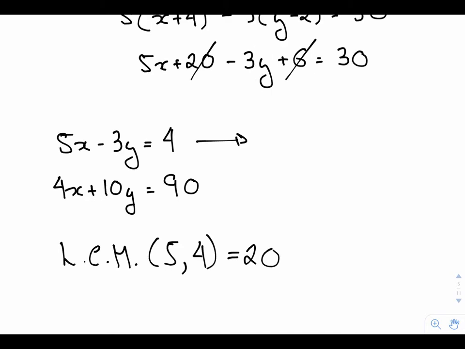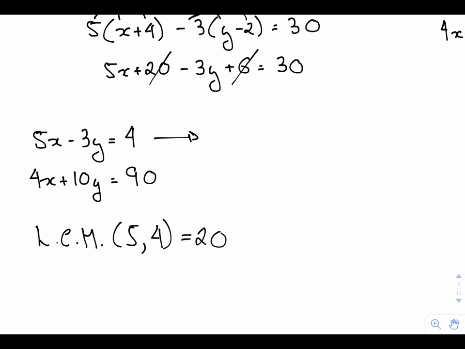So my first equation becomes, let's see, 5 times 4 gives me 20x. Negative 3 times 4 gives me negative 12y. And then 4 times 4 gives me 16.